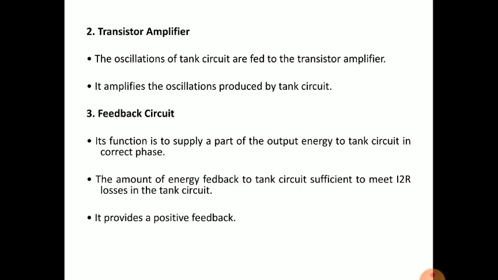The I square R loss from the tank circuit should not distort the output waveform. So in order to maintain a constant output voltage, constant frequency and phase, we should compensate its losses by the feedback circuit.